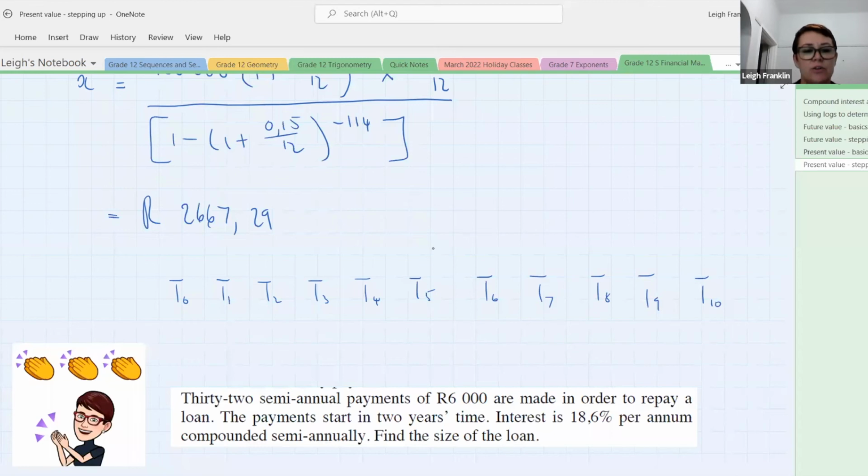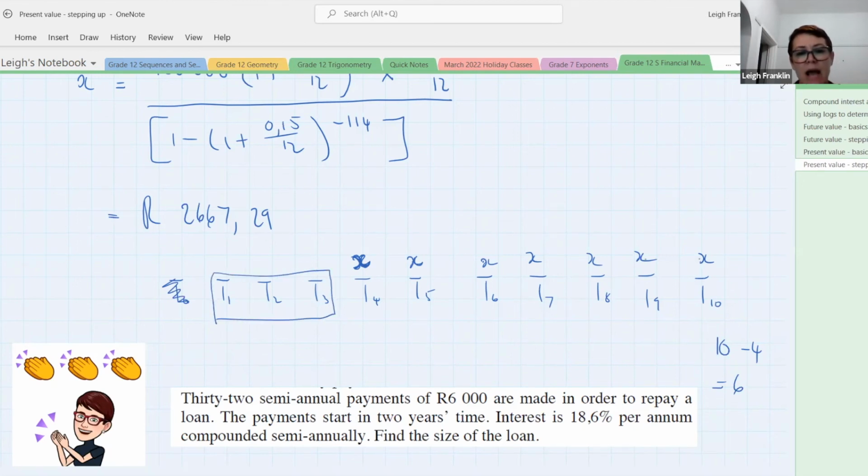If I say that I am going to start making my payments here at T4, and I continue to make payments every single month up to and including T10, you are going to say 10 minus 4, I make 6 payments. But now count: 1, 2, 3, 4, 5, 6, 7 payments. Can you see? So there's three where you didn't make a payment and 7 where you did.